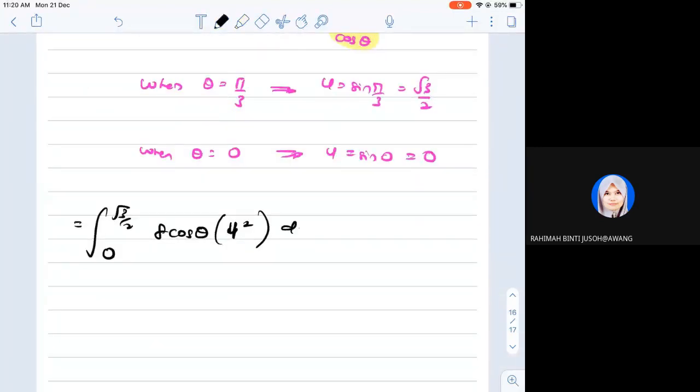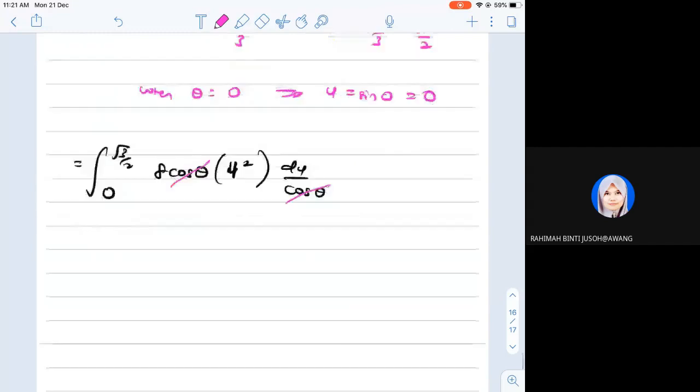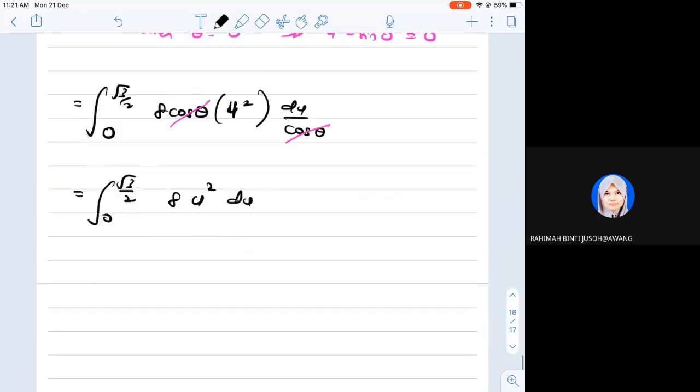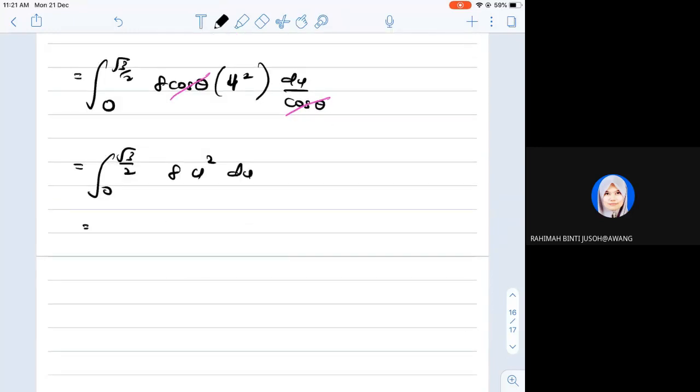So we can cancel the cos theta, and we will have the integration from 0 until square root 3 over 2 of 8u squared du, isn't it? So we can integrate this happily. 8 times u cubed over 3, substitute square root 3 over 2 and 0.